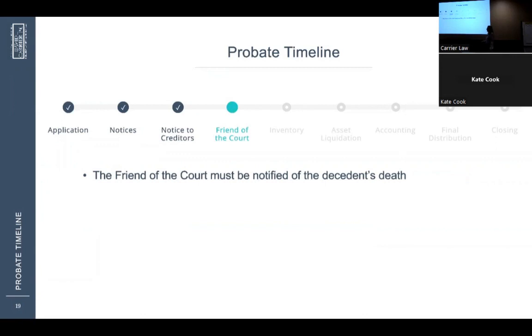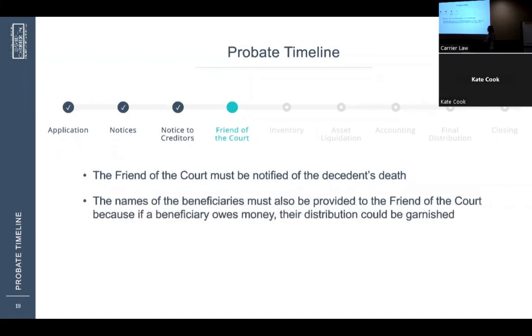At that time, it is on the friend of the court to determine whether either the decedent or any of their heirs owes any child support or any outstanding fees that need to be paid either out of the estate or out of that heir's inheritance. The names of all of the beneficiaries are provided to the friend of the court for this purpose. And if they do owe any money, their distribution could be garnished by the friend of the court.